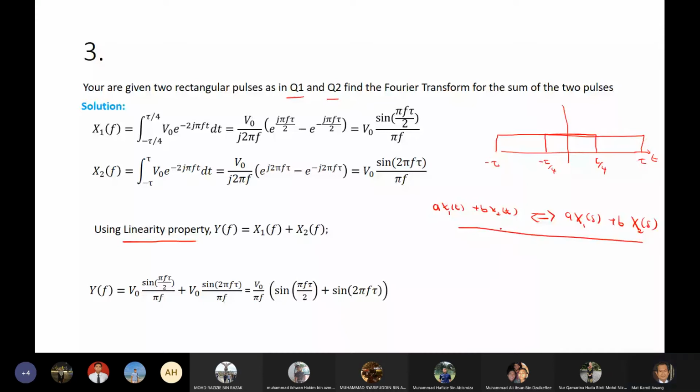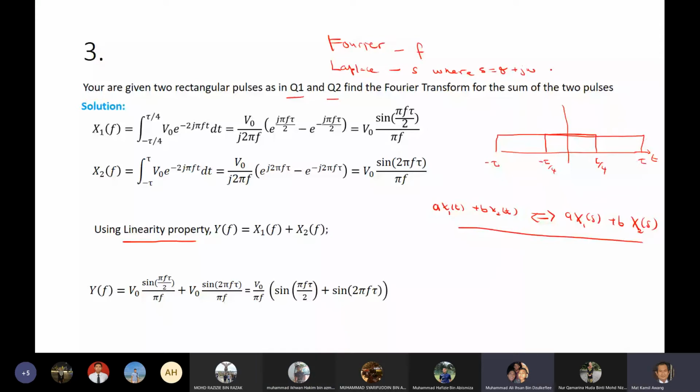So therefore, Sir, does it become S or F? F, Fourier. Okay, Fourier equation is basically F. Laplace is S, where S is equal to j omega.